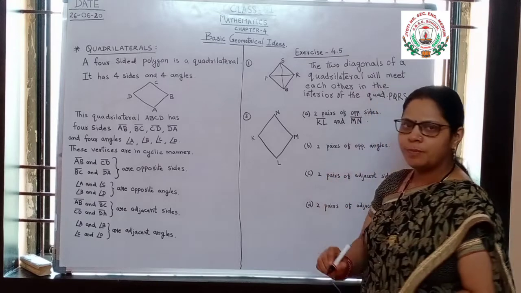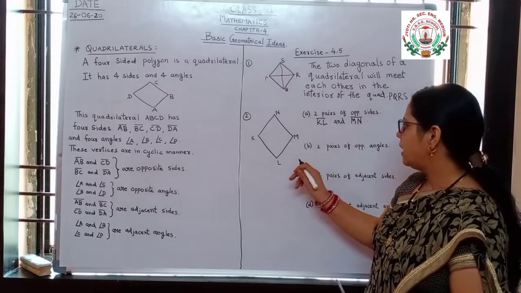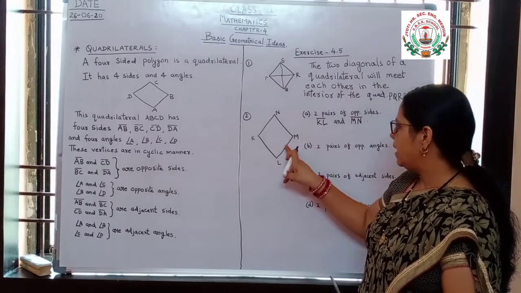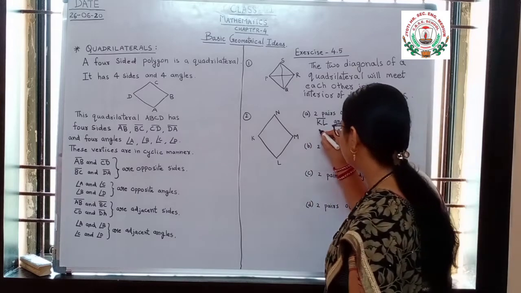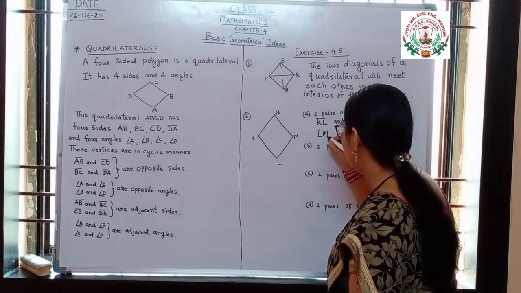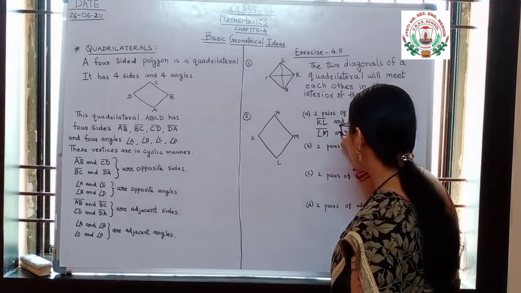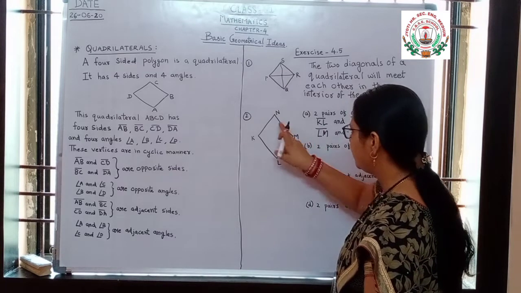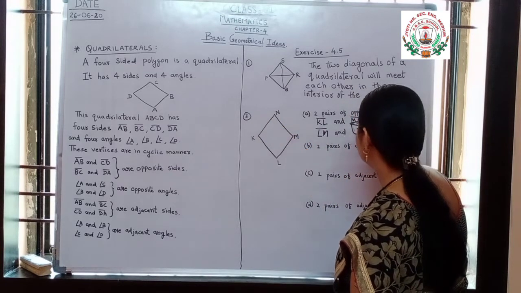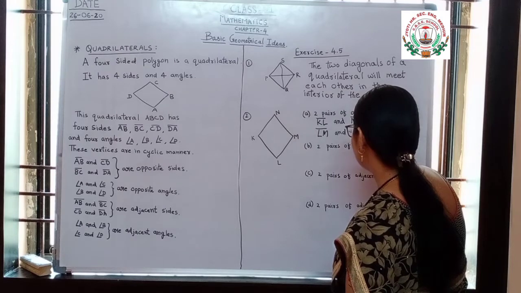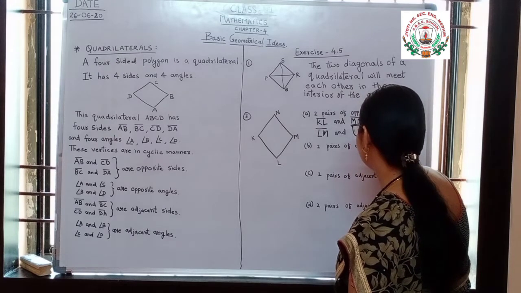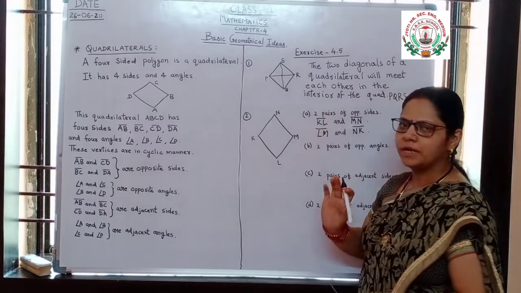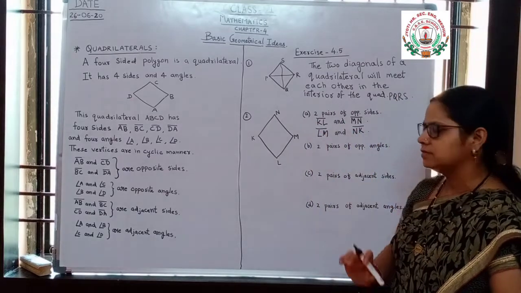This is the first pair. Second, LM. LM and opposite to it is NK. These are the two pairs of the opposite sides.